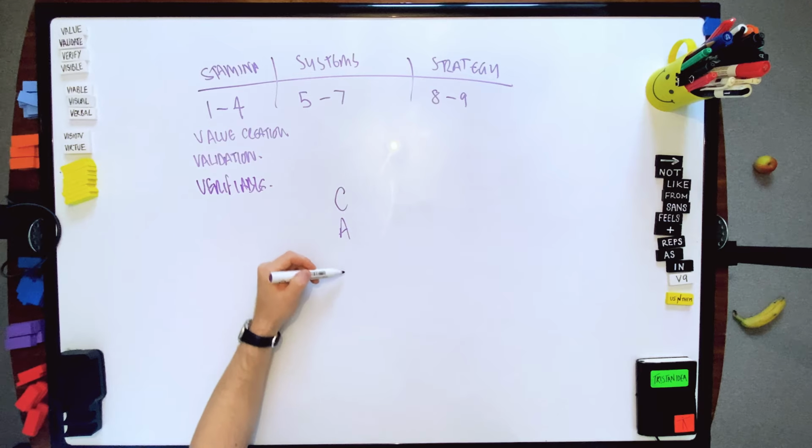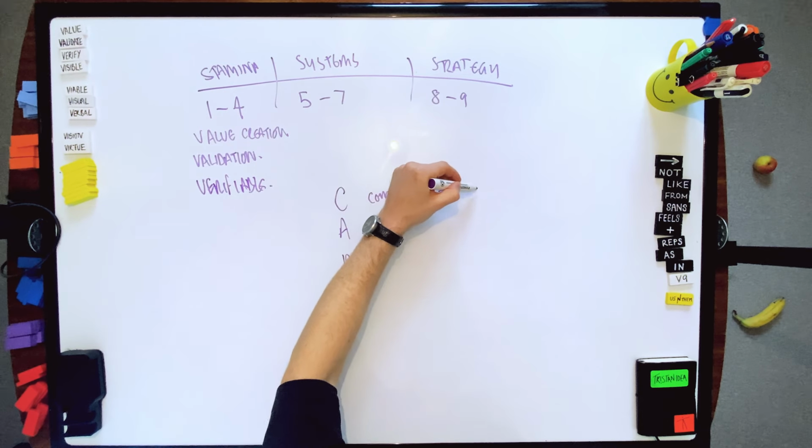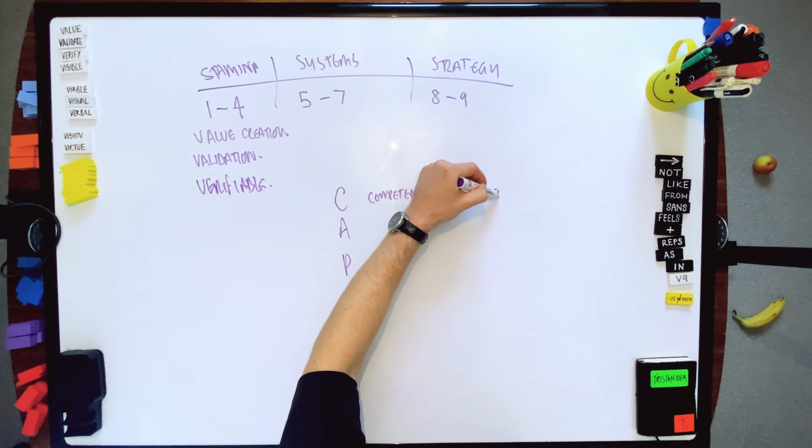So let's do our CAPS again. Our conditions is where our competence meets our trustworthiness. I think there's a clear difference between trustworthiness and trust. Obviously, trustworthiness is worthy of trust. I think trust is thrown around a lot, but for instance, I'm trusting this chair not to break because I'm sat on it.